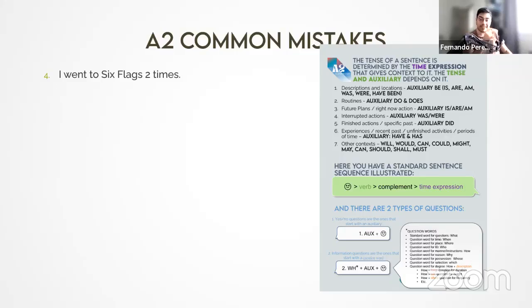The problem is the context. I tried to change the grammar, but I think it's correct because I went to Six Flags 2 times. I don't know what is the mistake.